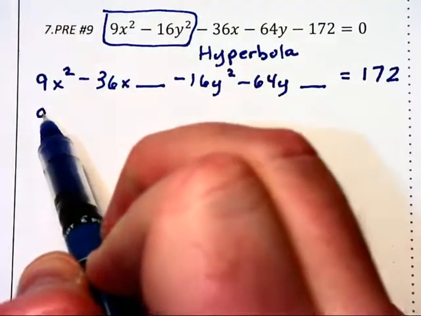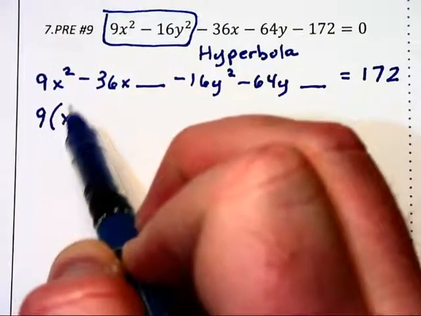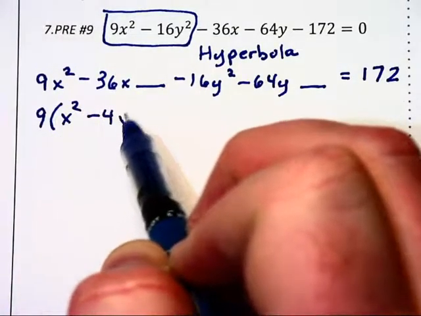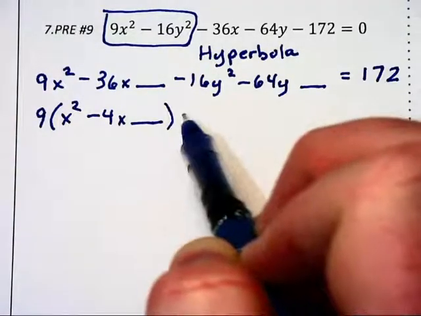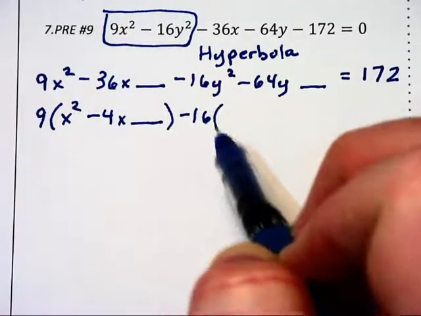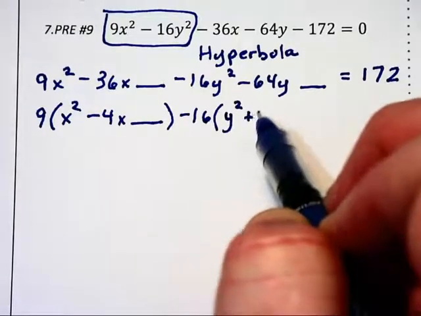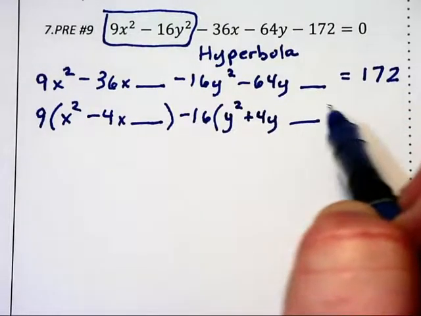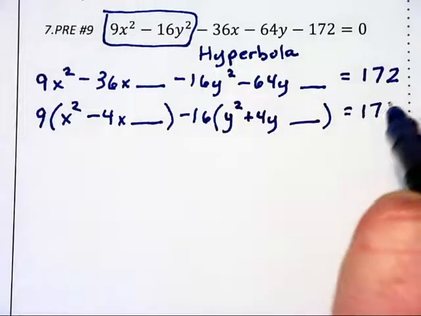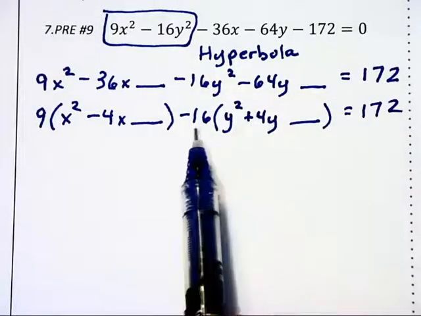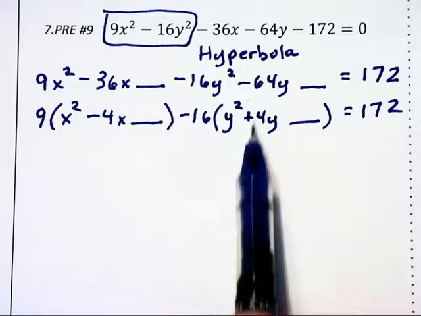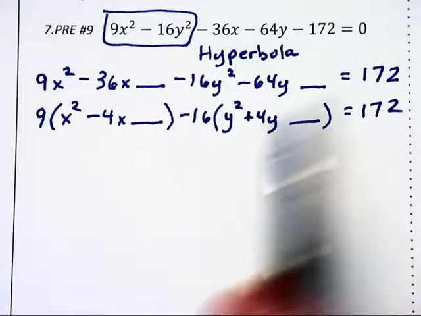A 9 factors out of the x grouping, giving us x squared minus 4x inside, and a negative 16 factors out of the y grouping, leaving y squared plus 4y inside, close parentheses, equals 172. Be careful when you're factoring out that negative to change the sign inside the parentheses.